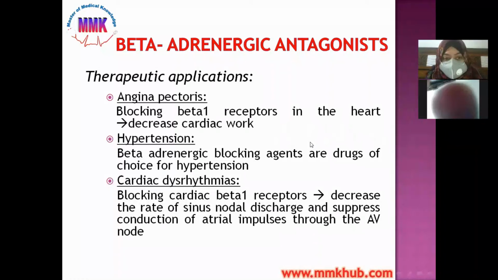It is also used in angina pectoris to decrease the cardiac output. And for hypertension, beta blockers are the drug of choice for ischemic heart disease patients. Please remember that.